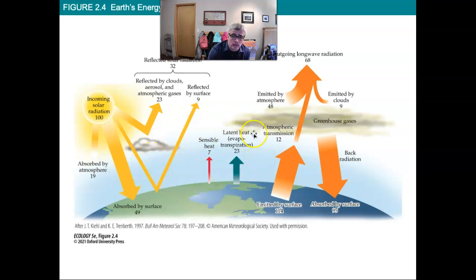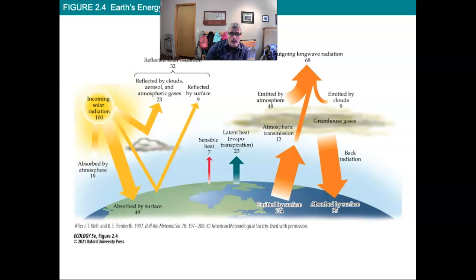Sensible heat and latent heat, which we'll learn about. And then this interaction between energy emitted by the Earth's surface, what's trapped in greenhouse gases, what's absorbed back by the surface, and then what leaves through outgoing longwave radiation.